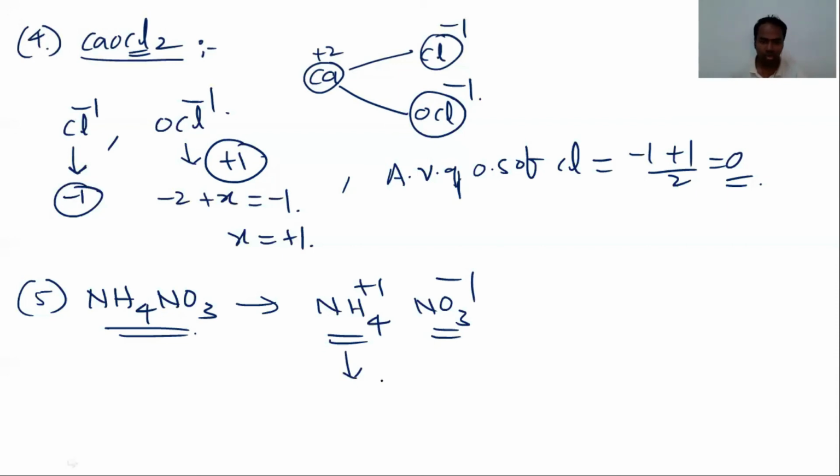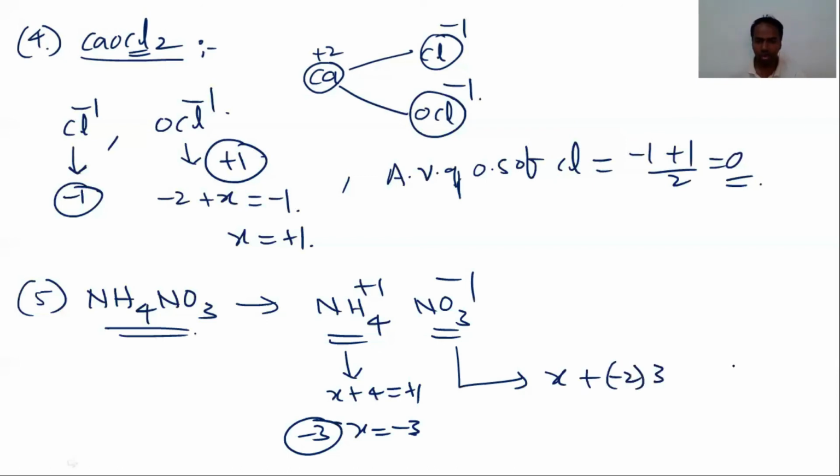X + 4 is equal to +1, then X is equal to -3. Here nitrogen is -3. In the same way in NO3-, nitrogen X, each oxygen is -2 into 3, is equal to -1. Then X is equal to +5. So here nitrogen is -3, and in this one nitrogen is in +5 oxidation state.